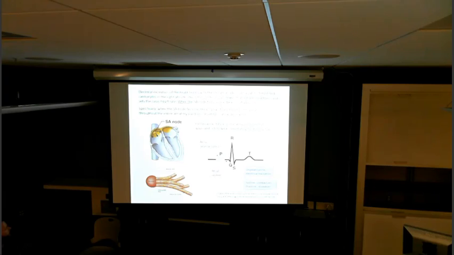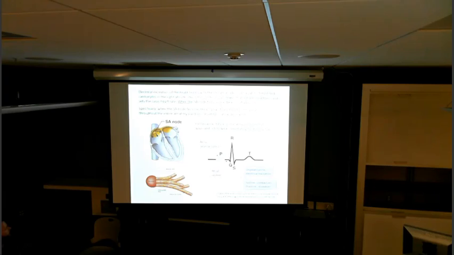How come the electrical signal doesn't travel down to the ventricles? First of all, let's notice that, right? The atria become excited, but if they're all connected by these gap junctions, how come the ventricles don't get excited? First of all, why do you not want the ventricles to become excited? What would happen if the ventricles became excited at the same time as the atria did?